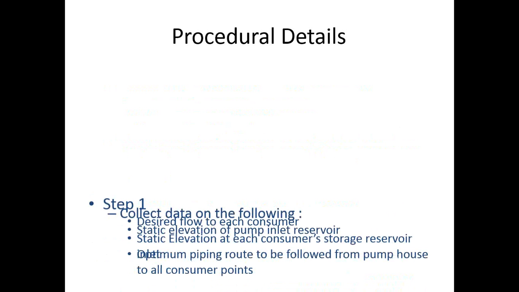The first step would be to collect data on the following: desired flow to each consumer, static elevation of the pump inlet reservoir, static elevation at each consumer storage reservoir inlet, and the optimum piping route to be followed from the pump house to all consumer points.